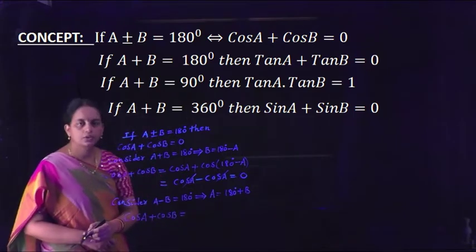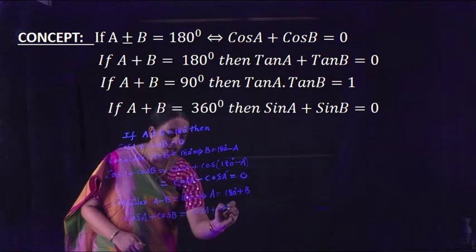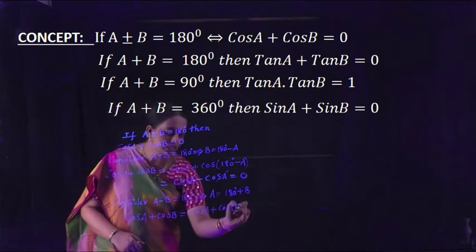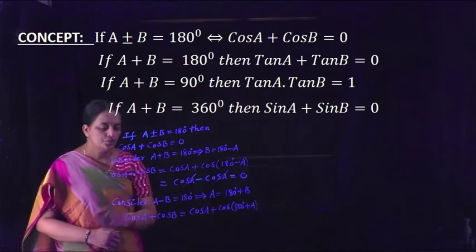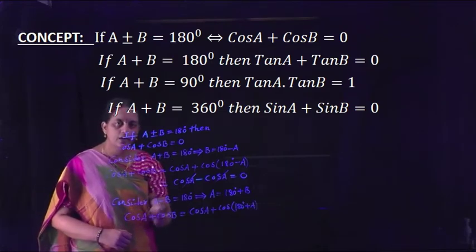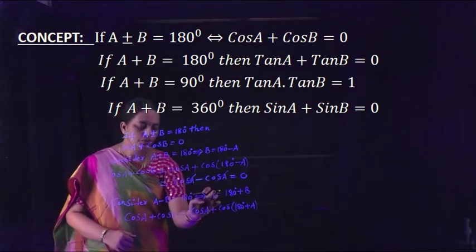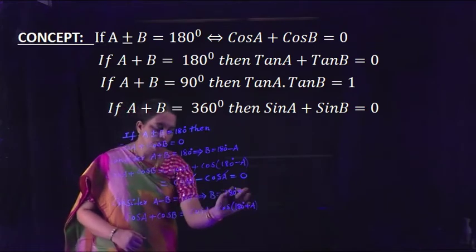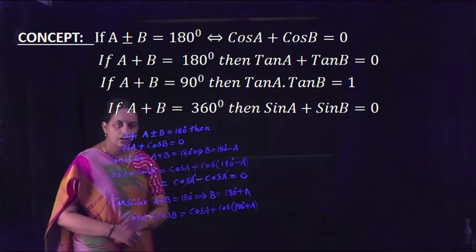This is equal to cos a plus cos of b, meaning cos of 180 plus a. Here we can substitute the value of either a or b; the result is the same.